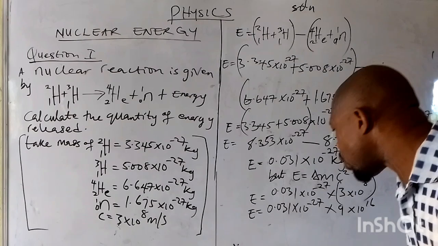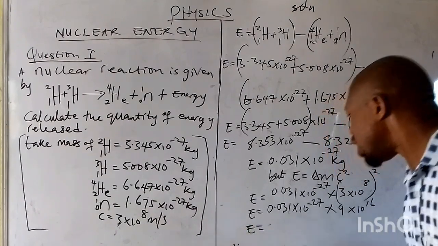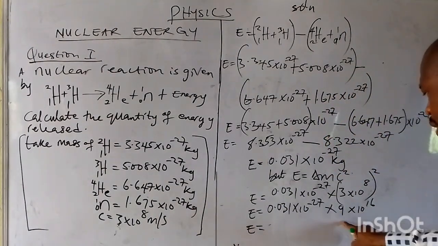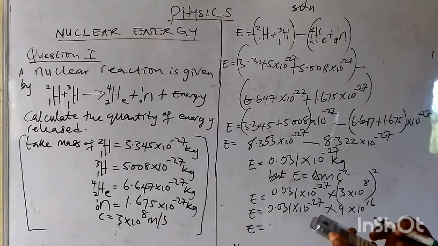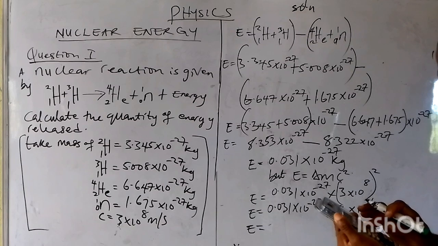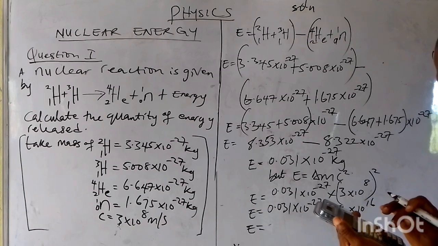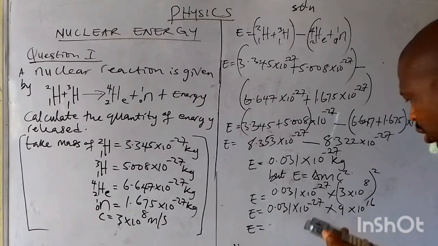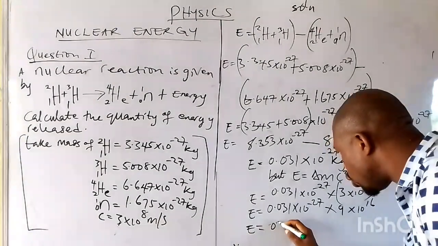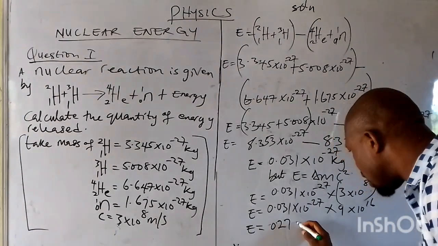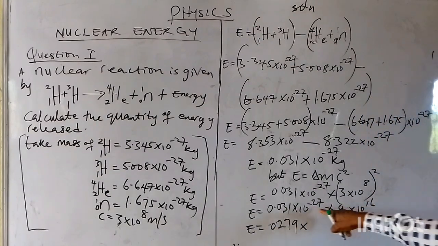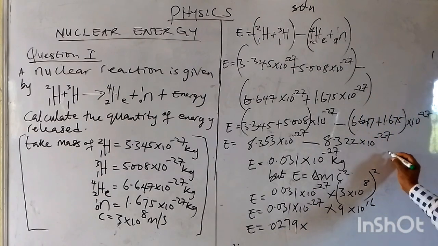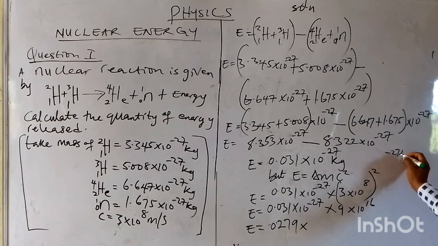Okay, we now have that E is equal to, at this point, multiply this and this. 0.031 times 9 will give us 0.279 times, now multiply the index numbers now. The index numbers are minus 27 plus 16.